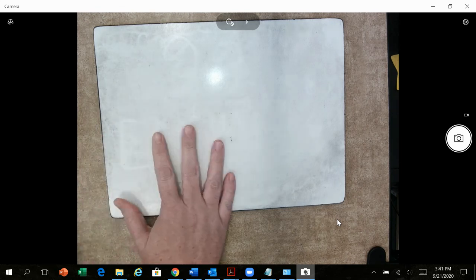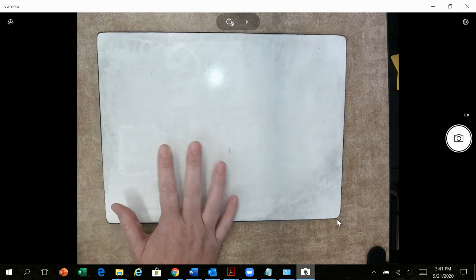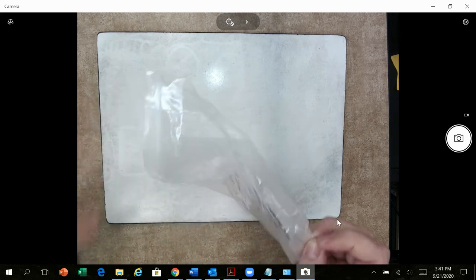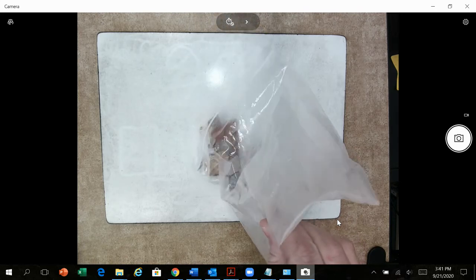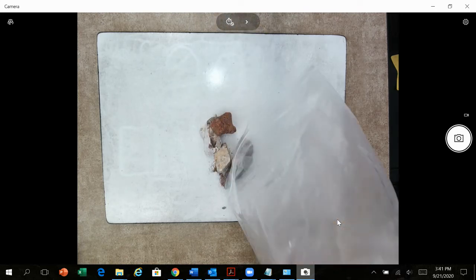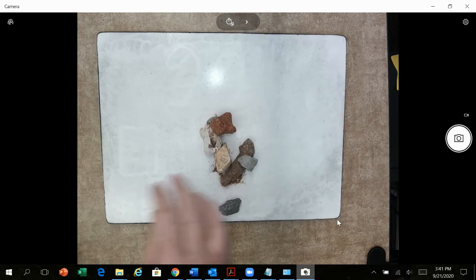So, because they come from earth, we call them earth materials. So, materials that come from earth. Okay? So, I'm going to show you the rocks that I have. I have six rocks.